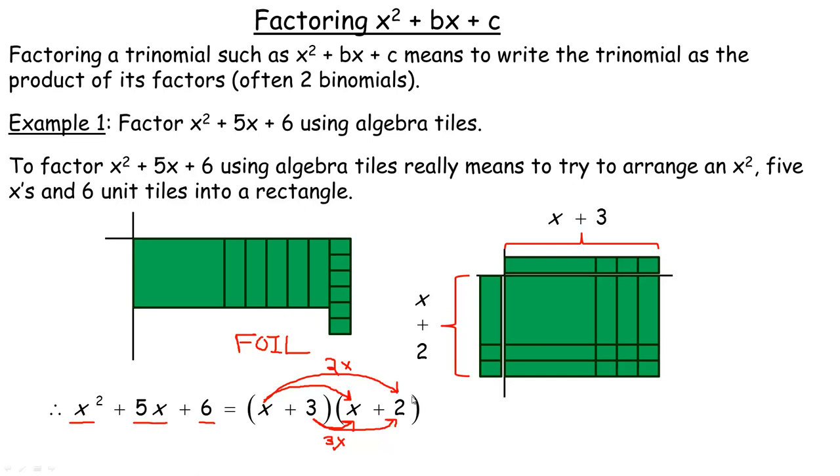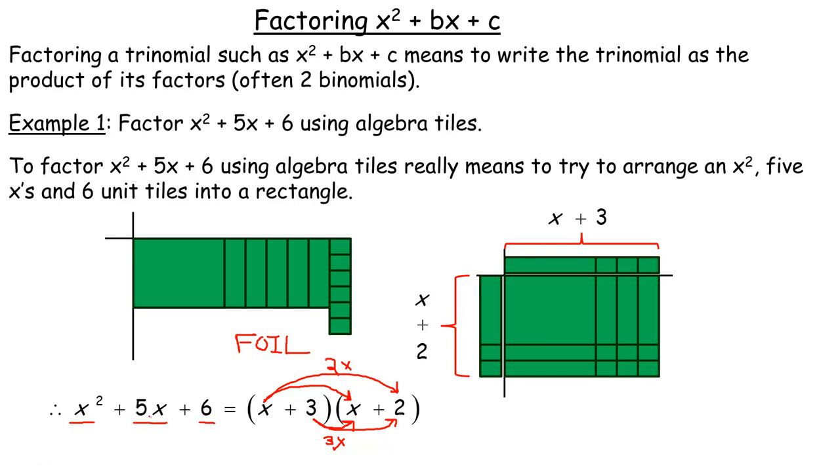So basically, in order to factor this, the reason that 3 and 2 work is because the 3 and 2 are enough to make a 3x here and a 2x here, which added to the 5x. See, 3 and 2 are the right numbers because 3 and 2 add to 5, just like the 2x and 3x add to 5x. So 3 and 2 add to 5, and they also, 3 times 2 multiplies to give that 6 in the end.